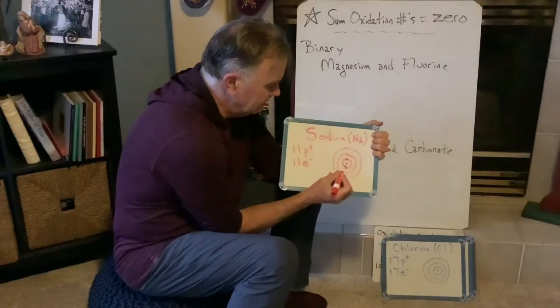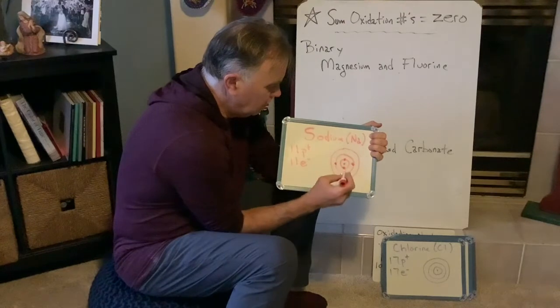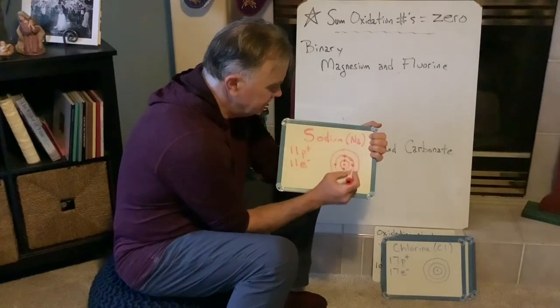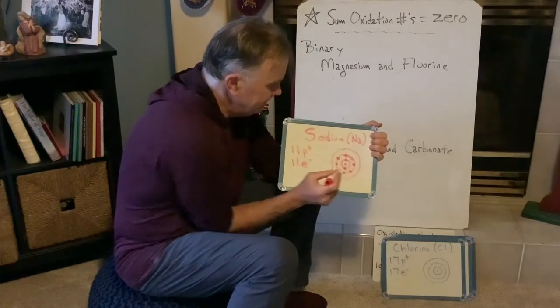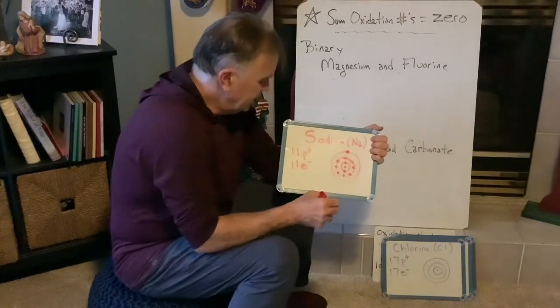That fills up that level. Then you have to bump out to the next one. So then 3, 4, 5, 6, 7, 8, 9, 10. That fills that shell. Then you put one more out here, and that's 11.